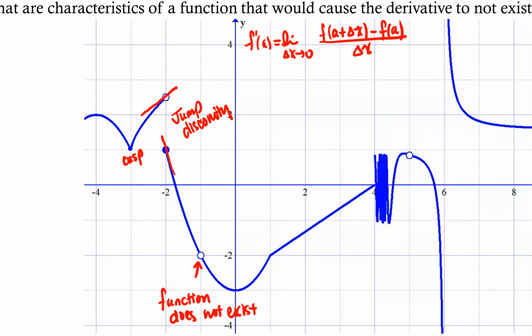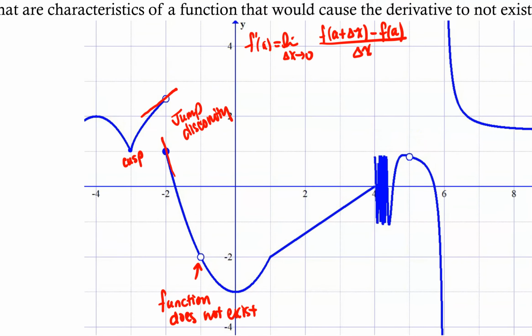So if we look at the definition of derivative using the limit, notice that the function does in fact need to exist. And in this case, f of -1 does not exist, so therefore it cannot have a derivative.